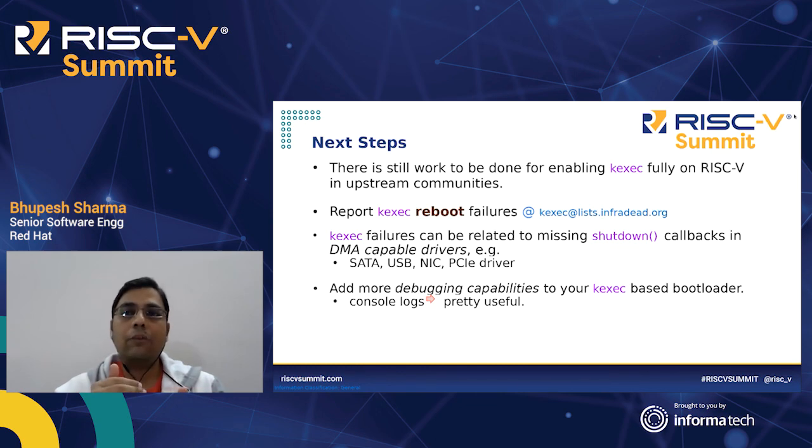Normally in my experience, these console logs are pretty useful in debugging any potential issues with booting. Also, if you don't have any RISC V hardware readily available, just try to use the QEMU setup. On my experimental setups, I also use the Fedora RISC V QEMU setups, and you can easily download them from the Fedora project website and use them through the Boot Builder project.